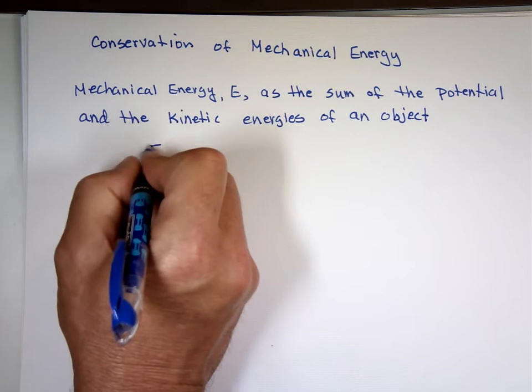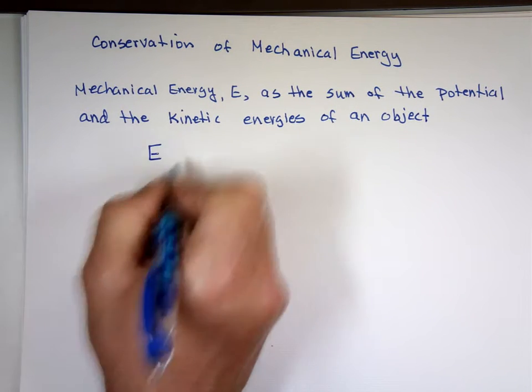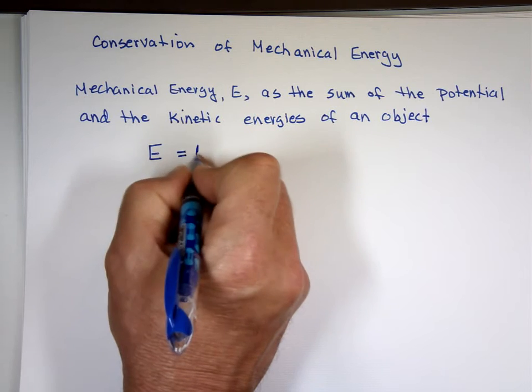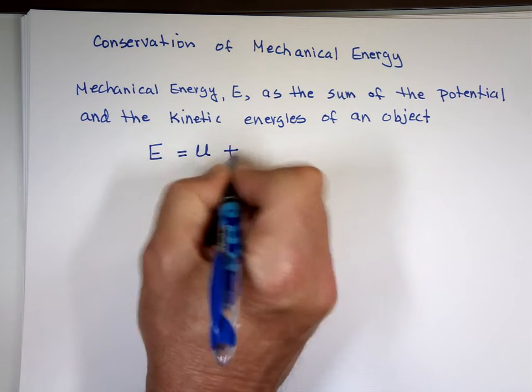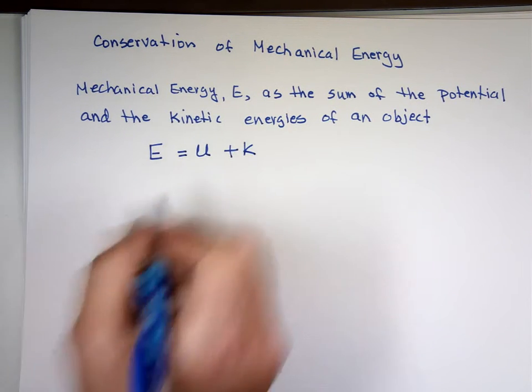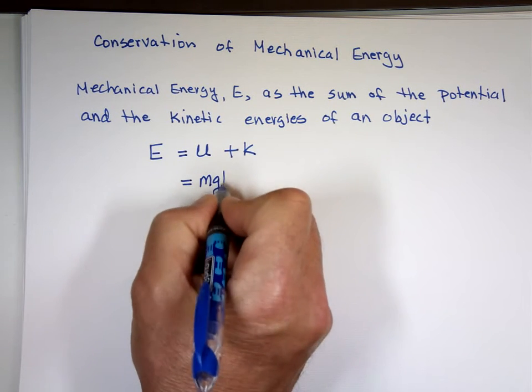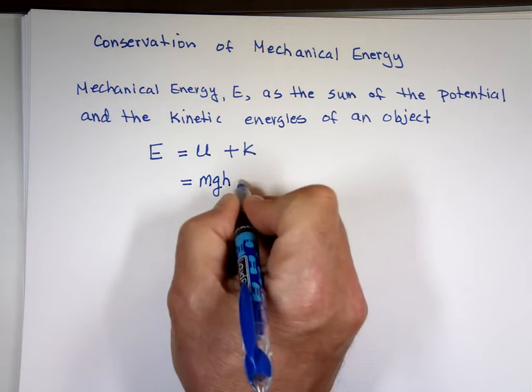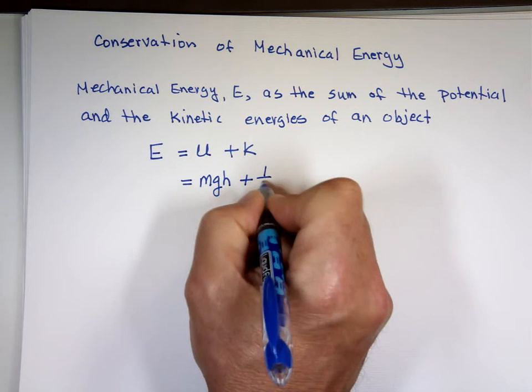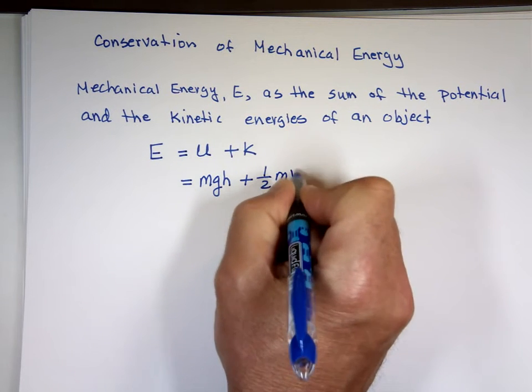So here we go. E, that's the mechanical energy, equals the sum of the potential plus the kinetic. Remember, the potential is calculated by mass times gravity times height, and the kinetic energy is what? 1/2 mv squared.